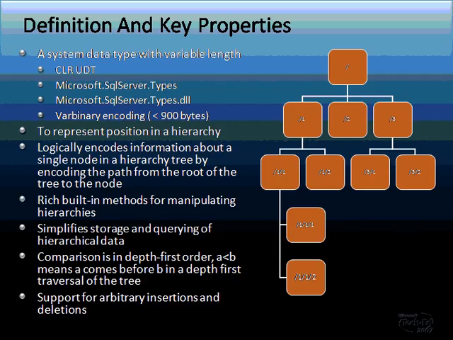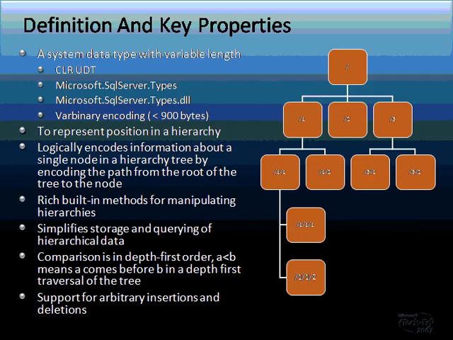This DLL will also be shipped to the client side. So for people developing client applications who want to take advantage of this new hierarchical type, you can use this assembly in your client-side application.